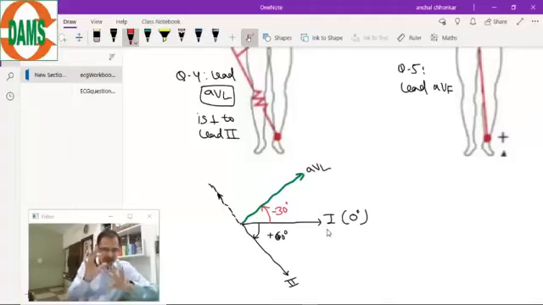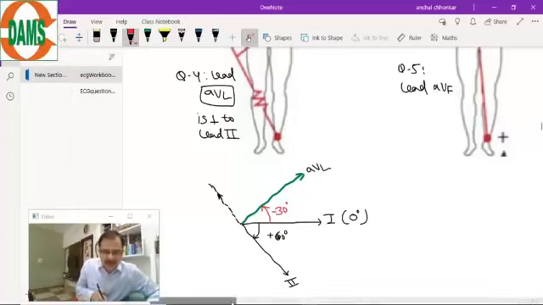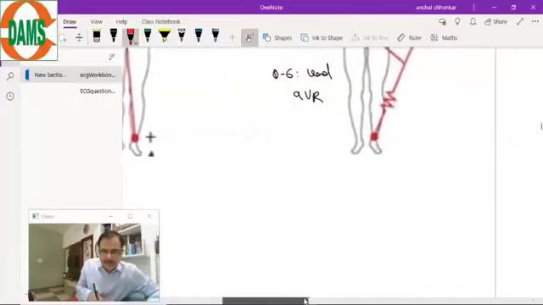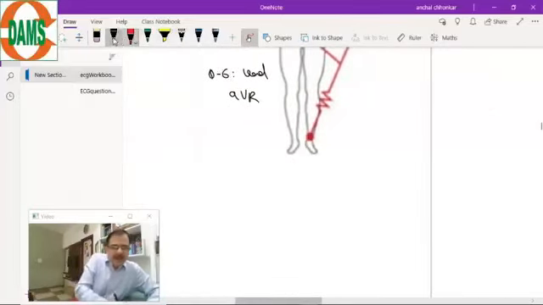Very nice. Now the second question, what is the axis of AVR? Let's understand that also. AVR is perpendicular to lead 3.